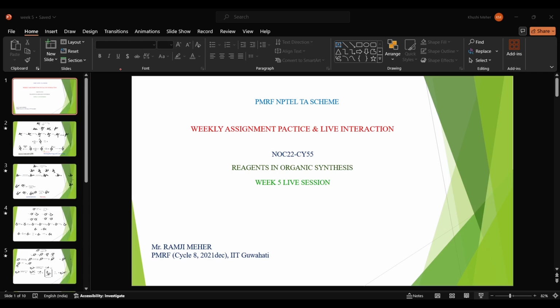The scientist who discovered this kind of reagent gave us the Grignard reagent.